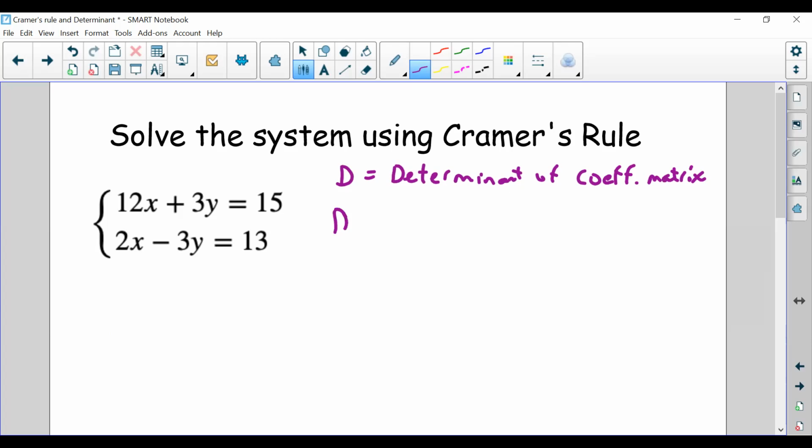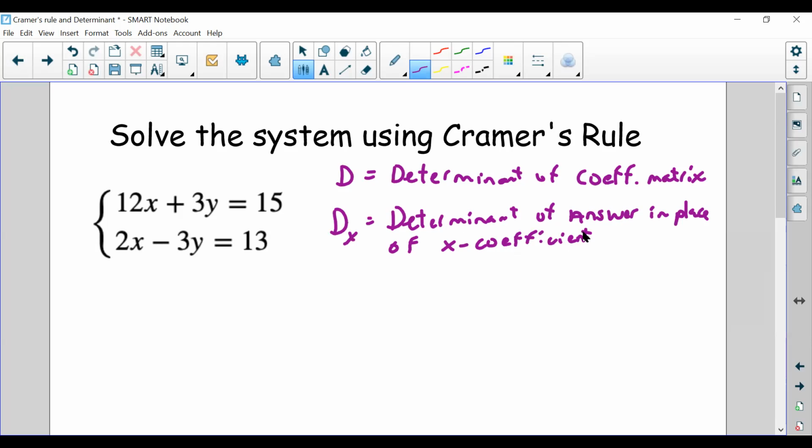And then you'll see D of X, D sub X. This is going to be the determinant of the new matrix we make up. We'll replace all the X coefficients with the answer coefficients. So this stands for finding the determinant of where you substitute in your answer in place of all the X coefficients.